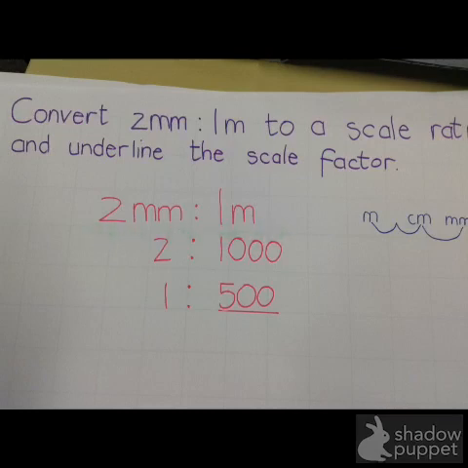In your second line, you can leave out the units. So we've got to put our unit into millimeters. So we're going to say 2. Can you see I did my little jumpy thing over there to see how to work it out, and it works out to 1,000, and so now we've got 1 is to 500, and the reason how we did that, we divided that by 2, and we underlined our scale factor, which is what they asked us to do.